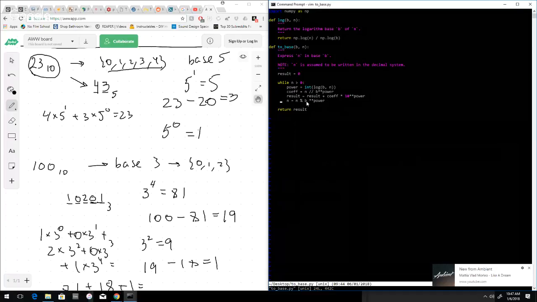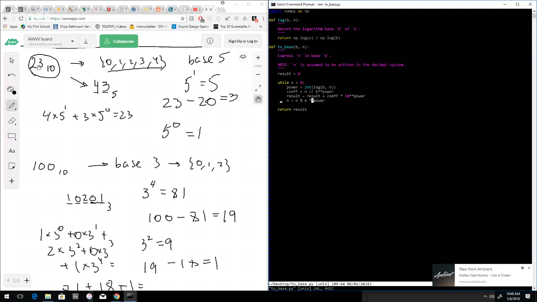It says, take that 20 that you just got, the 4 times the highest power of 5, right? That's b, that's my 5, that's my base, raised to the highest power, which in my case is 1. So take n, your 23, and look at the remainder after you've divided by that.